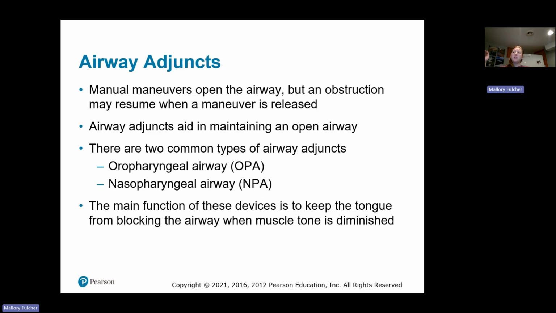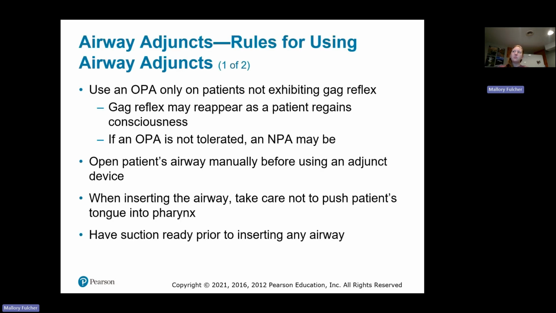The main function of these devices is to keep the tongue off of the back of the airway when that muscle tone is diminished, right? So they both go into the airway to indirectly, or actually directly, lift the tongue off the back of the airway. The contraindication for OPA usage is that the patient has a gag reflex.